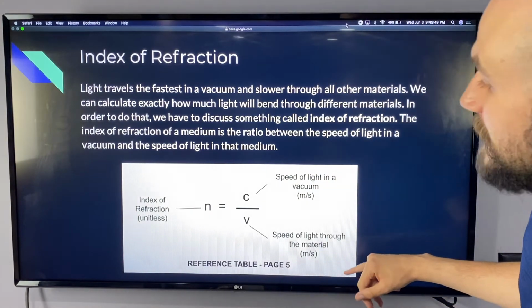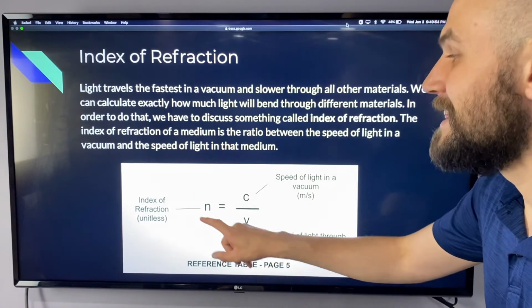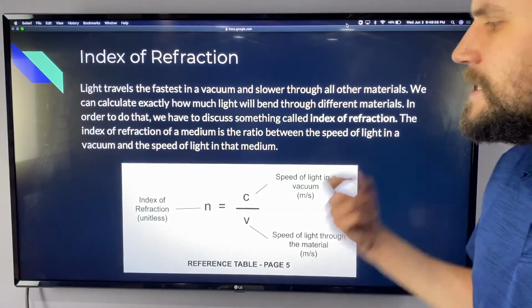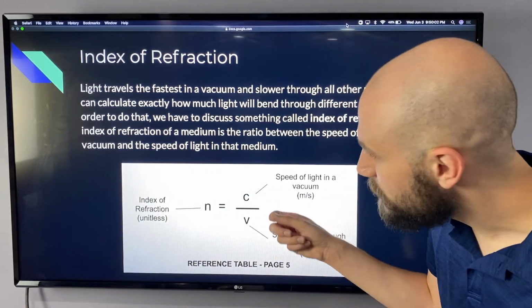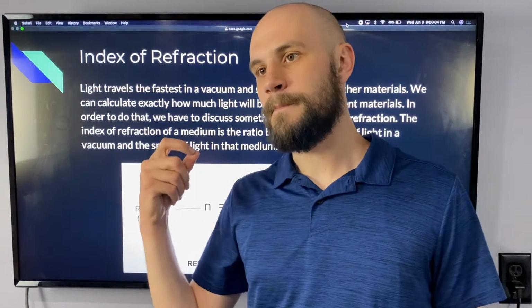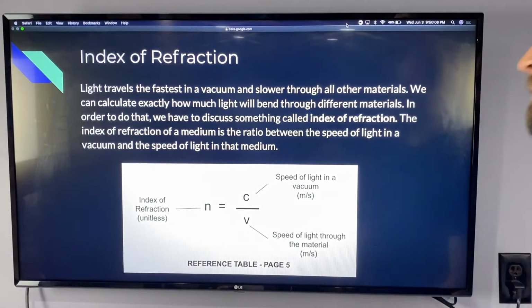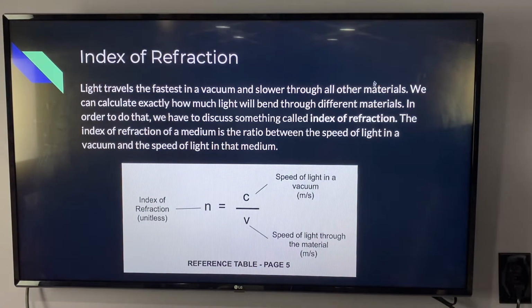But if it slows down a whole bunch and this number gets very, very small, then the index of refraction is going to get very, very high. Again, the index of refraction is just a tool that we made up. It's this ratio of speeds that help us identify and work with the types of materials that we're using and help us better predict how the wave is going to bend going from one medium to another.